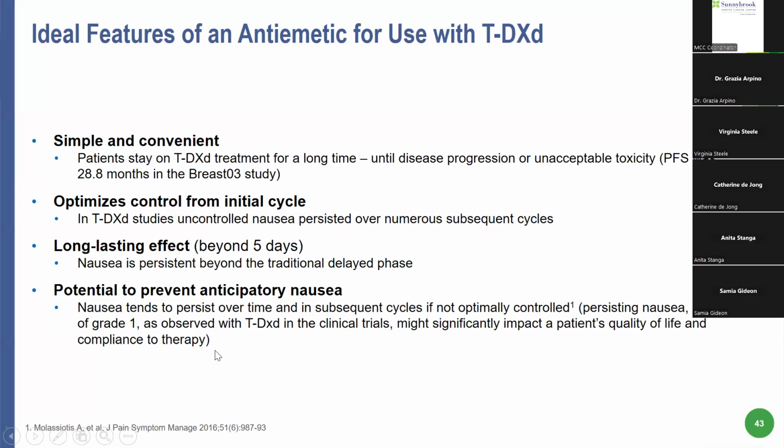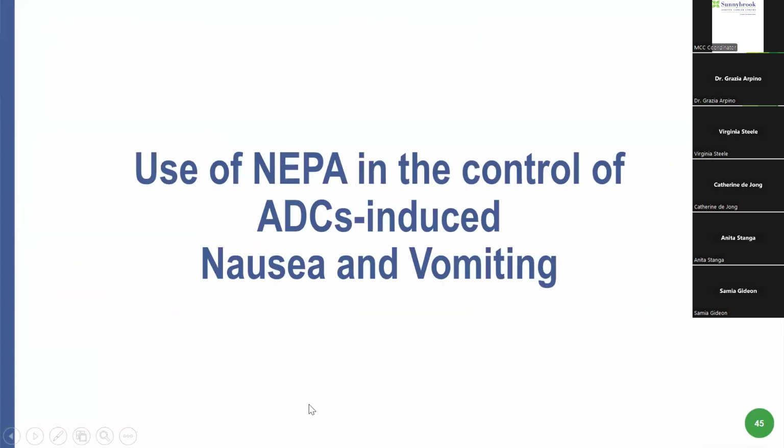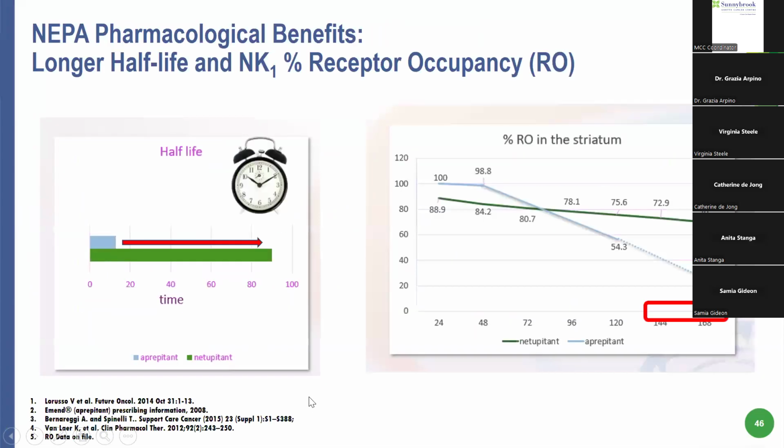There is also the need to prevent anticipatory nausea, because it is the problem that stops patients from coming to get the therapy, as they are afraid of getting there and feeling worse. Why may NEPA be an option for these patients?